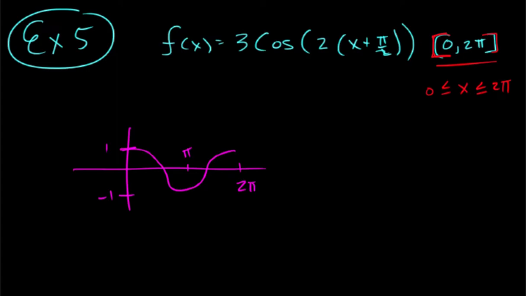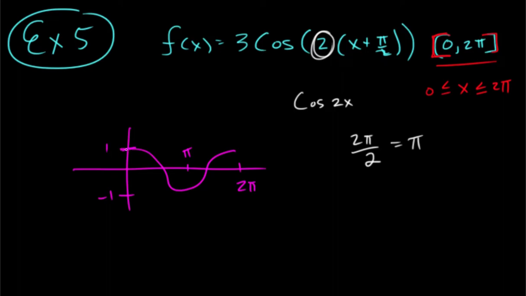Now, let's take care of this 2. So essentially we're going to graph cosine of 2x first. To do that, we look at the period, divide it by that number, and so our new period is pi.